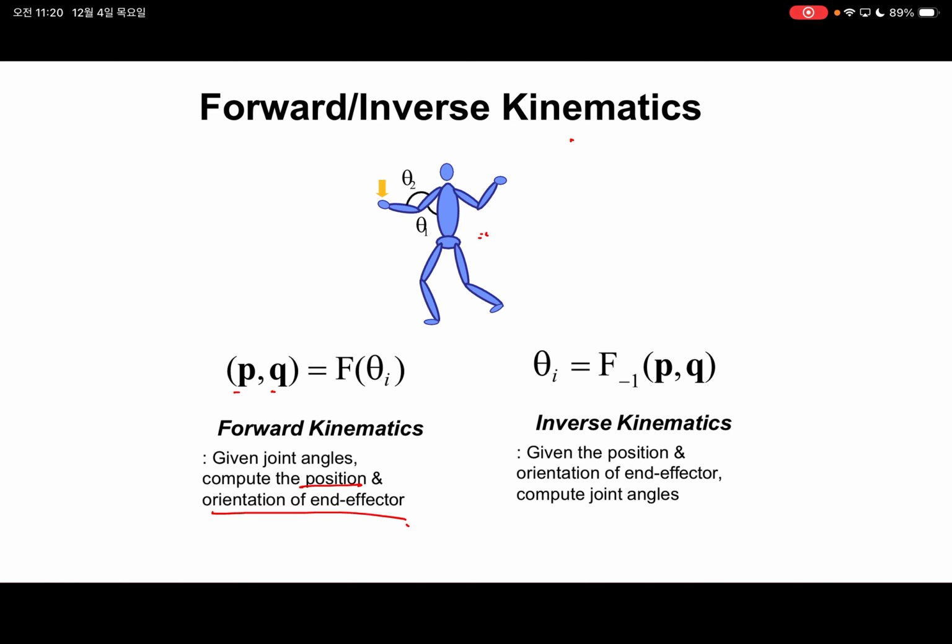The end effector is like the end of the kinematic chain, like a hand. Forward kinematics takes the joint angle theta and outputs the position and orientation of the end effector. Inverse kinematics is the opposite. It takes the position and orientation of the end effector and computes the joint angle. So they are opposite operations.